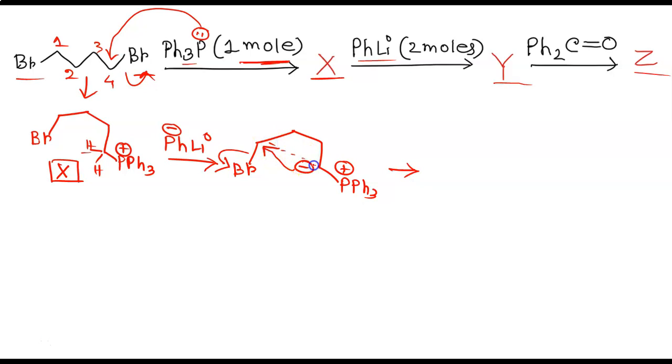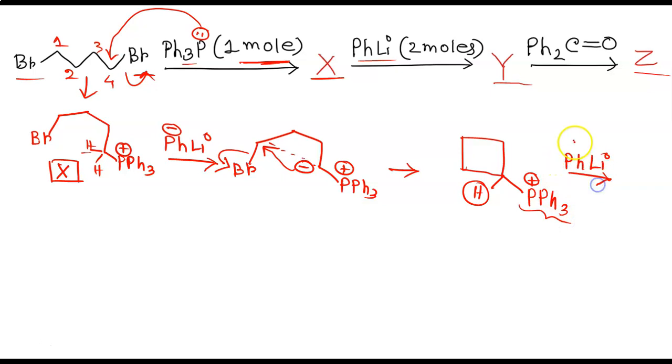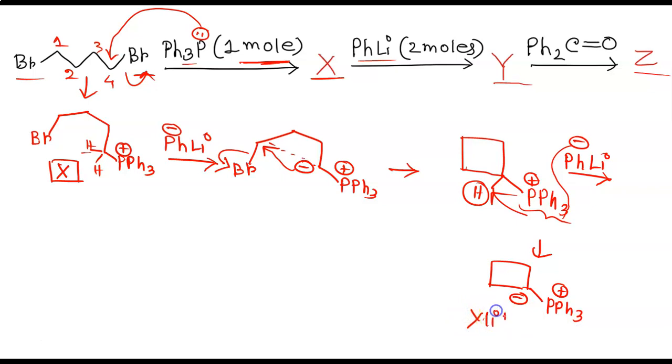So these two carbons will be joined and we will get a 4-membered ring. PPh3 plus, phosphorus is still plus. Now there is still one hydrogen and this hydrogen is acidic because of this electron-withdrawing group. So when we add the next molecule of PhLi, it will capture this hydrogen and there will be formation of the ylide. So this is the ylide, right?